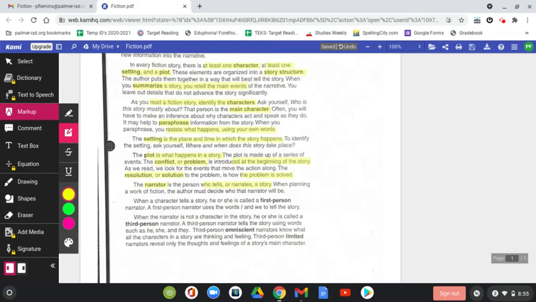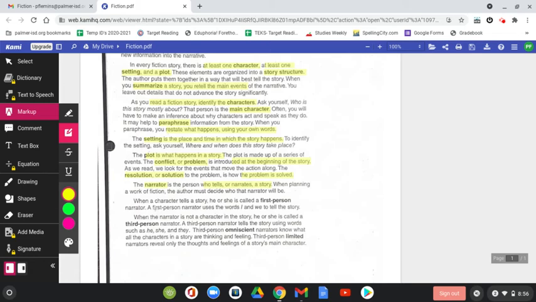So again, when we're trying to identify the narrator, we're looking for key words like I, you, me, he, she, they. They help you figure out whose point of view we are in. Who is telling that story?